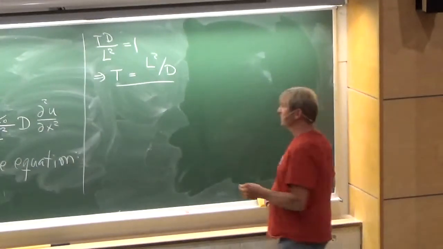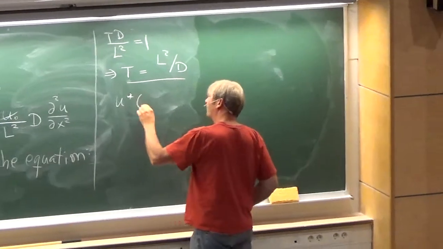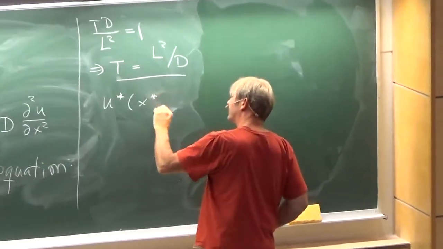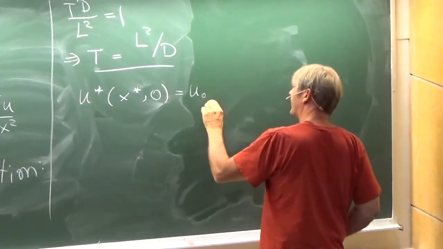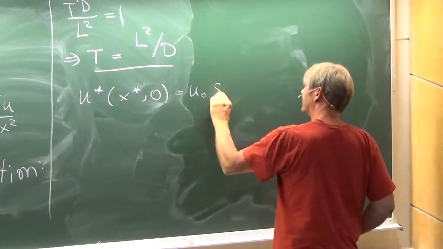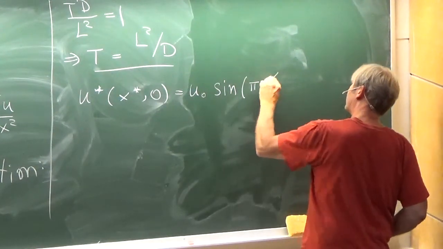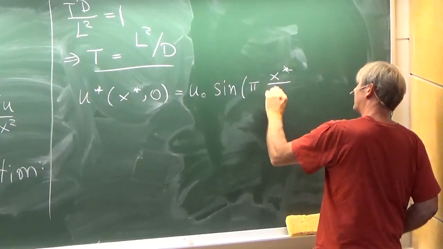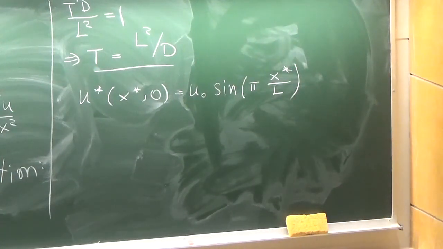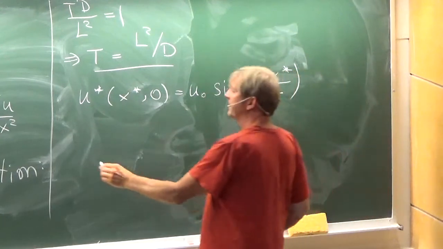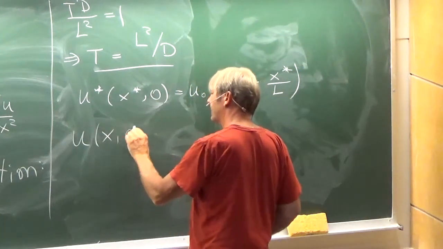How about the initial condition? That translates to u of x, 0.